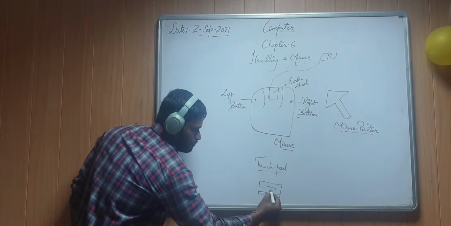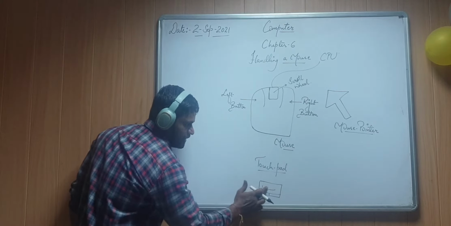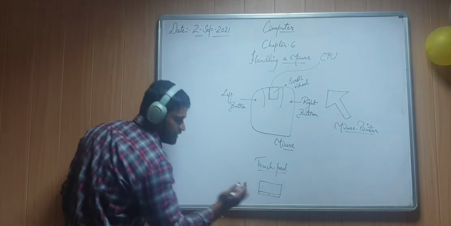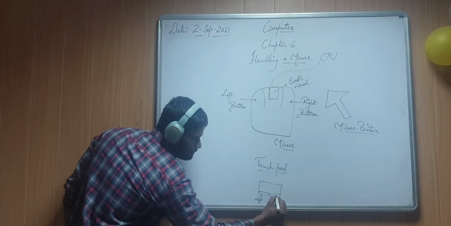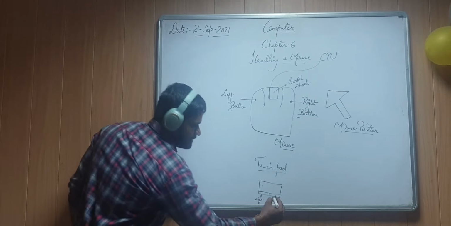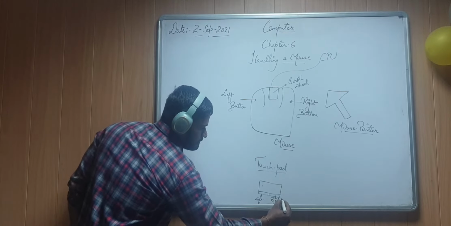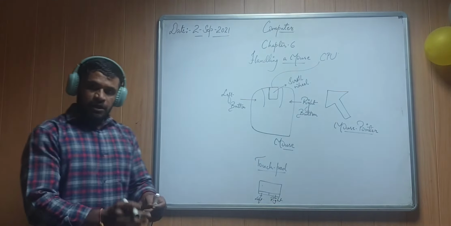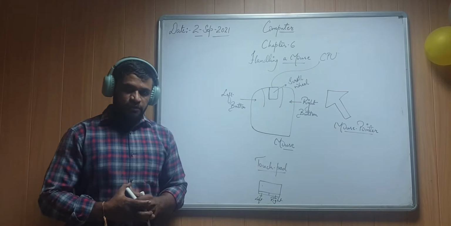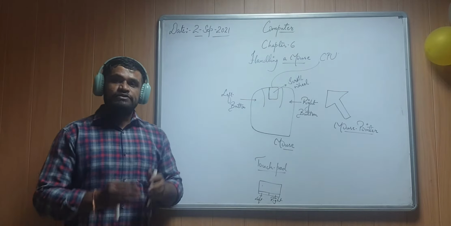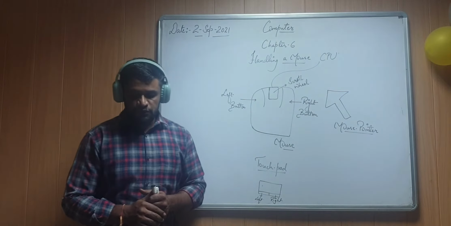Whatever finger you move on this area, the pointer will move according to that. This is your left click or the left button of the mouse or the touchpad, and this is the right button of the mouse. So in laptops, we normally don't use the mouse because it has a touchpad which works on behalf of your mouse.